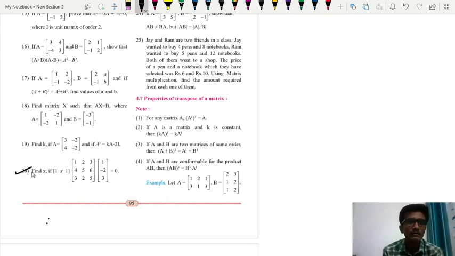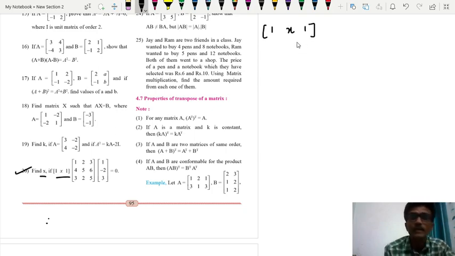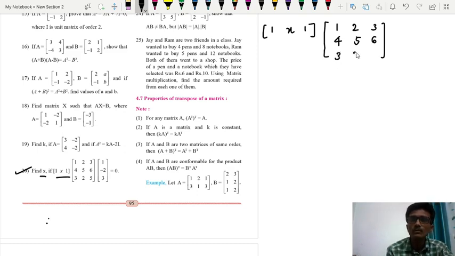Question number 20. See what is this? You have to find x if this multiplication is there. So we do this multiplication. Here is a 1x1 row matrix, then there is a multiplication with a 3 by 3 square matrix: 1 2 3, 4 5 6, 3 2 5.